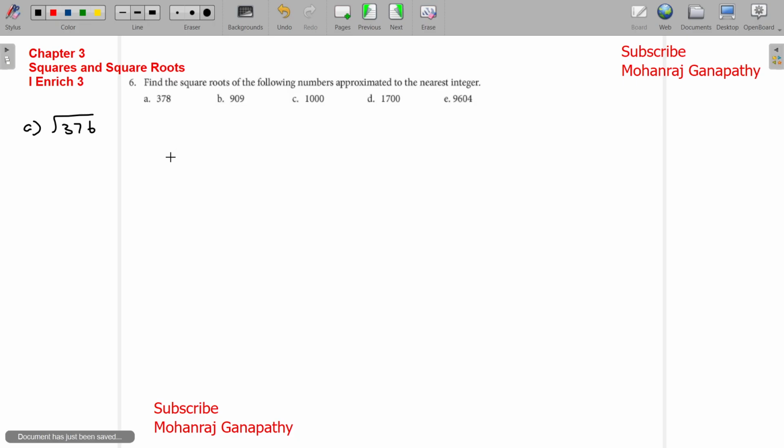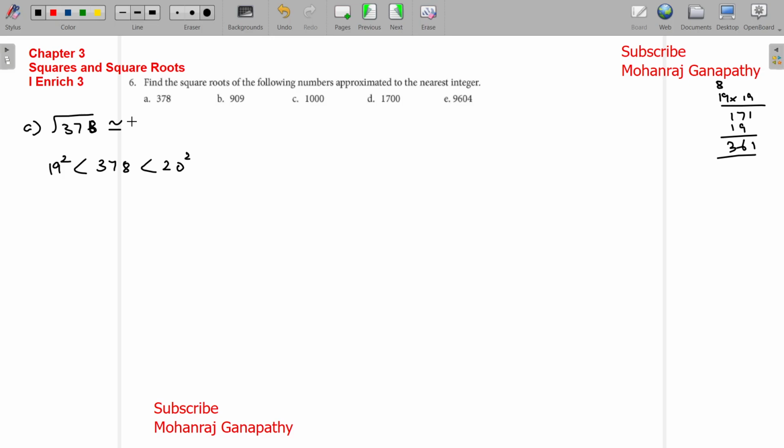Before that, 20 square is 400. 19 square, we can write 19 into 19. 361. It is greater than 19 square and less than 20 square. 20 square is 400. Therefore, its approximate value is 19.